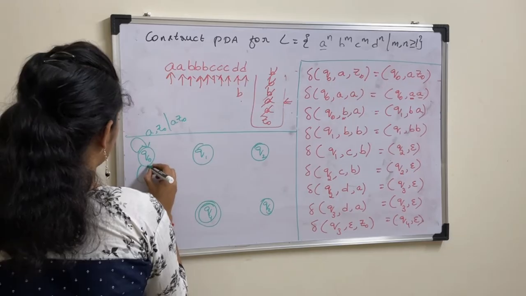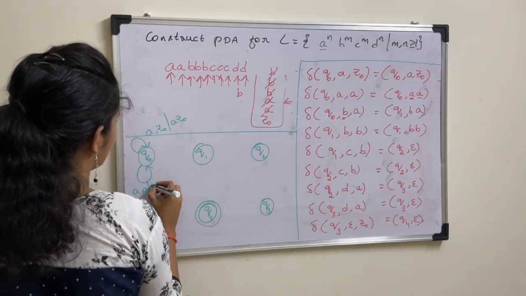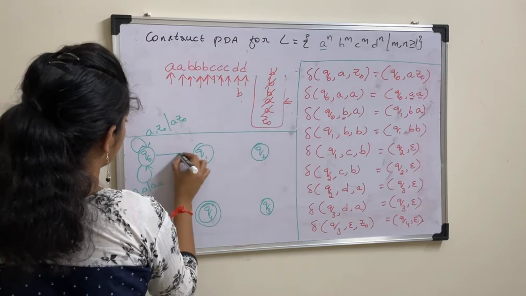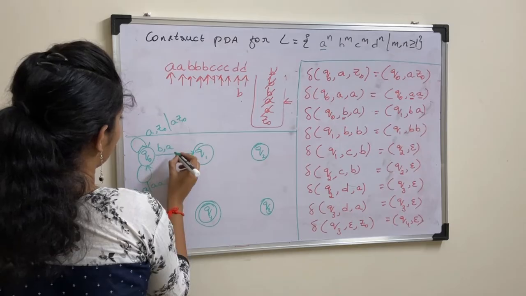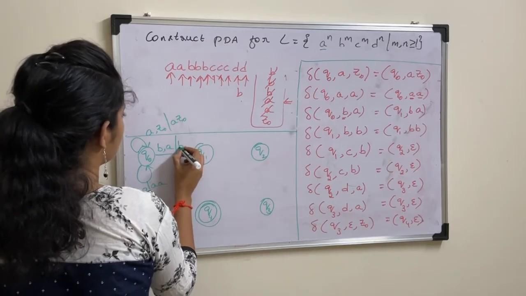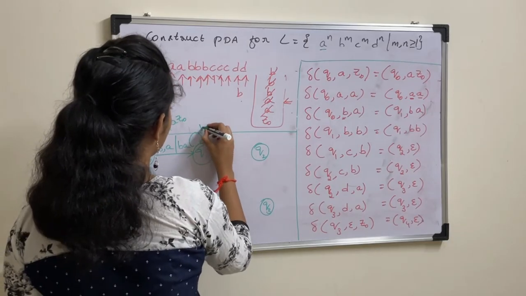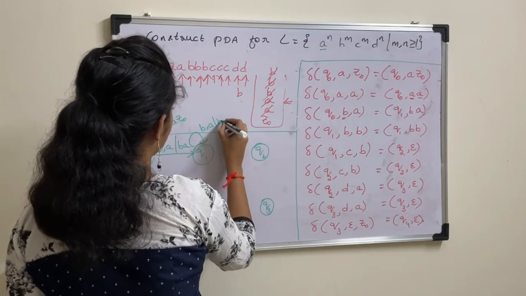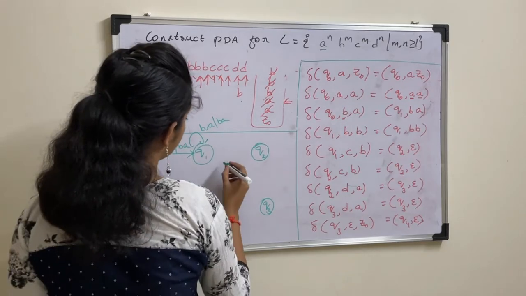Then Q0, A: if the input symbol is A and the top of the stack is A, then push A onto the stack. Input symbol B, top of the stack A, then push. Next, input symbol is B, top of the stack B, push. This is the same for any number of B's.